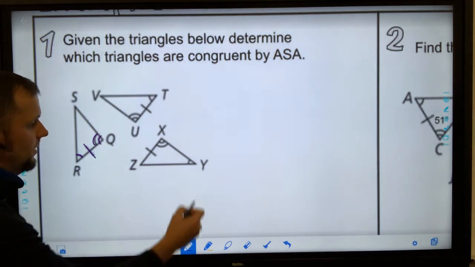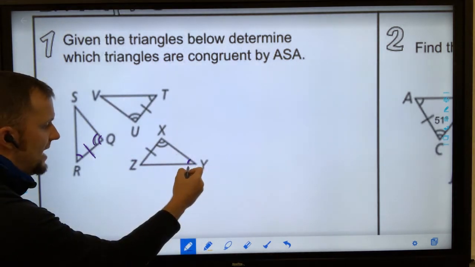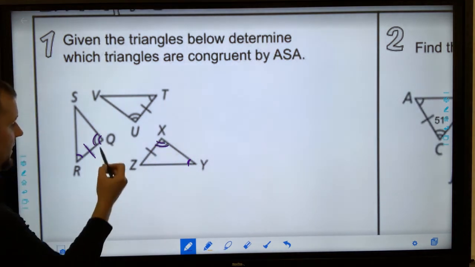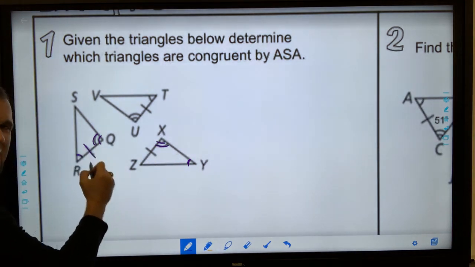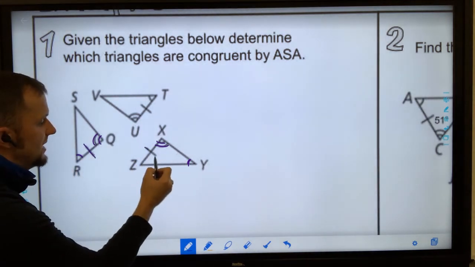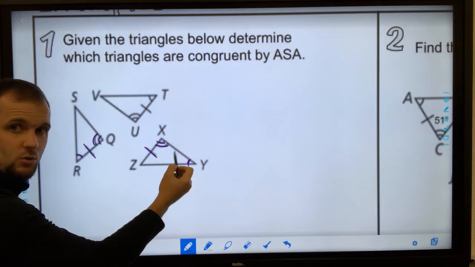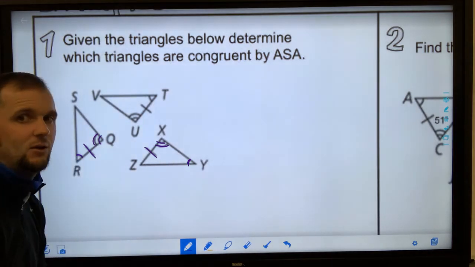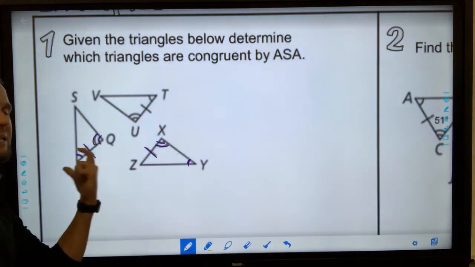This triangle has an angle with one notch and an angle with two notches, but the congruent side is not included between those two angles. So these two triangles would not be congruent by angle, side, angle, because that side is not included.